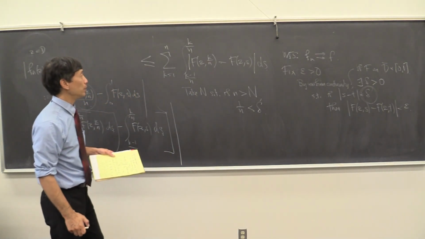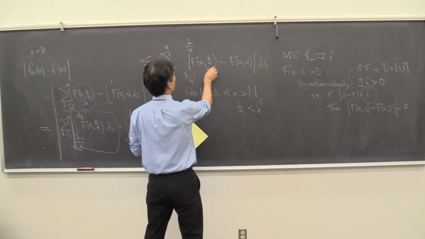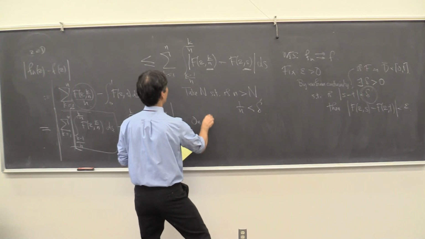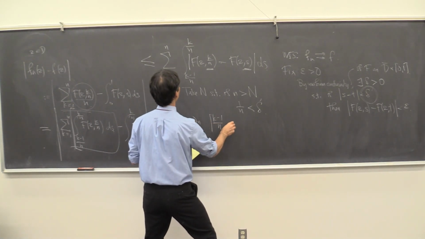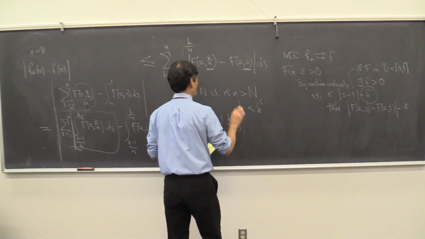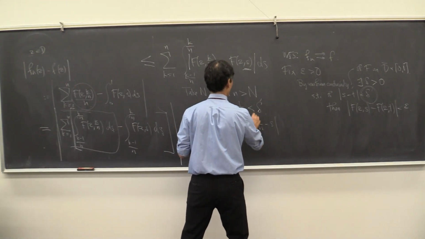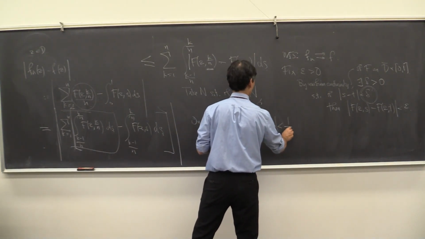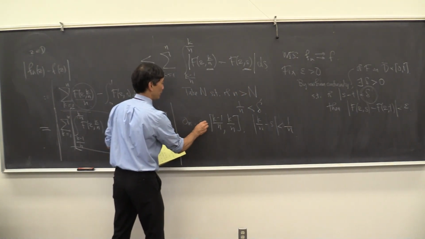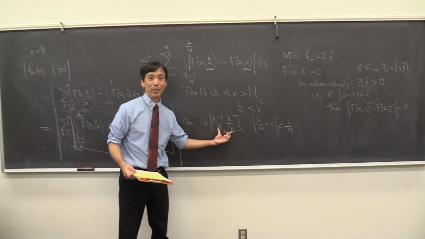On the interval from k minus 1 over n to k over n, the distance between k over n and s is smaller than 1 over n, because s is inside here and the width of this interval is 1 over n.